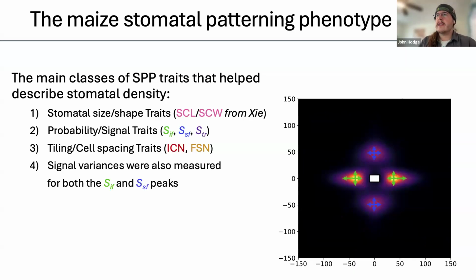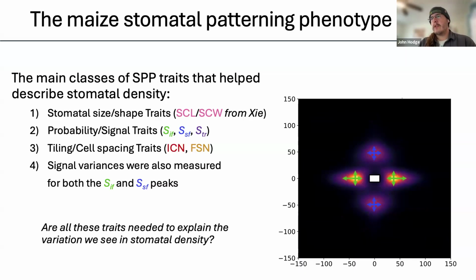In addition, we did also capture some variances because you could think of each one of these hotspots as being its own distribution. This did beget a question, though, where we're creating a whole bunch of traits. Odds are a lot of these are co-correlated. How many are actually necessary to describe stomatal density?